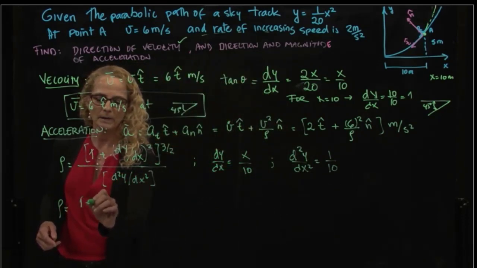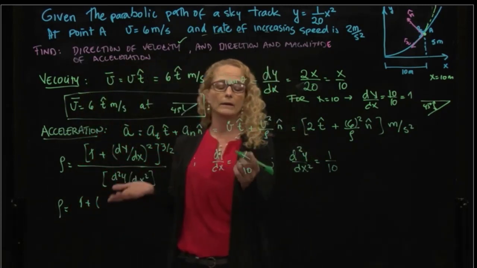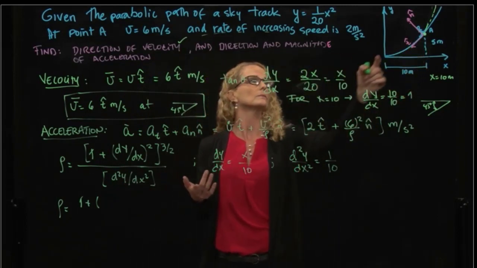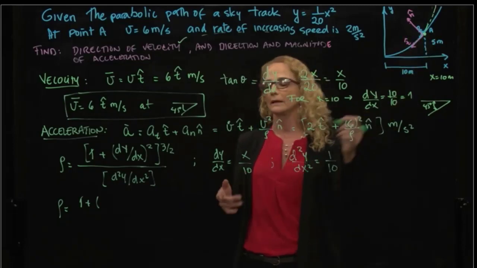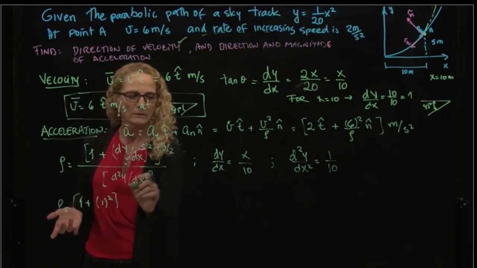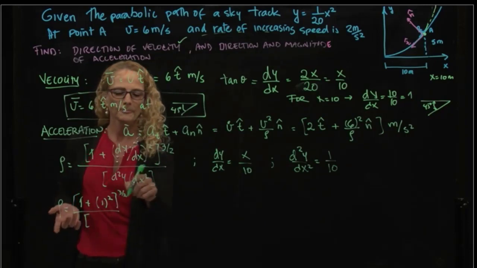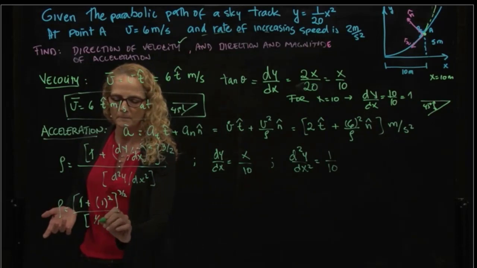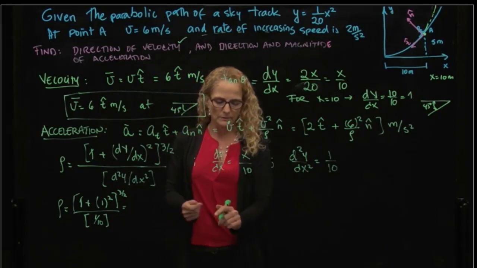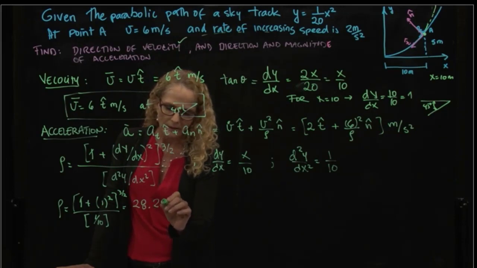If we plug these numbers in, it will be 1 plus, and we need to evaluate that at x equals 10, because we are finding the radius of curvature for that point. So we have 1 plus 1 squared, to the 3/2, over 1 over 10. And I have the result here: 28.28 meters.